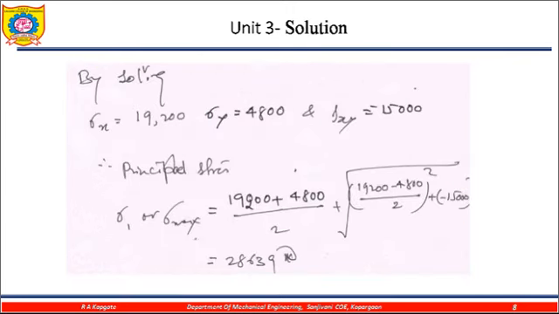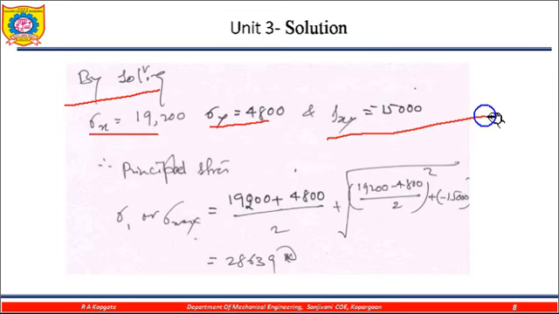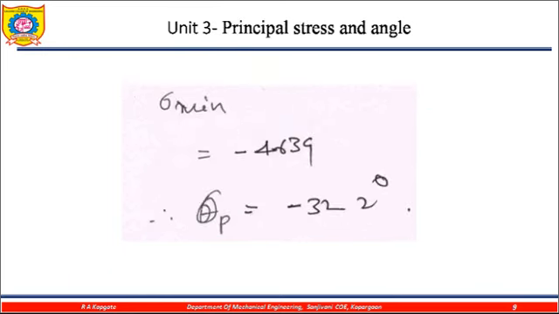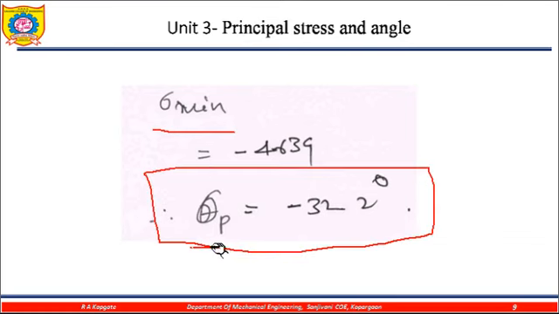Hence after triple manipulation of the matrices, I get sigma x, sigma y and tau xy. Hence my principal stress is equal to the addition of sigma x plus sigma y divided by 2 plus the radical term. Then sigma minimum is also calculated, and the principal angle is also calculated very easily.